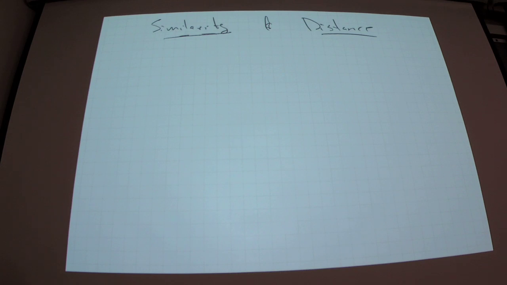With sets, it turns out it's much more natural to talk about similarities instead of distances. And with vectors, it's often easier to talk about distances, but we'll go back and forth between these.